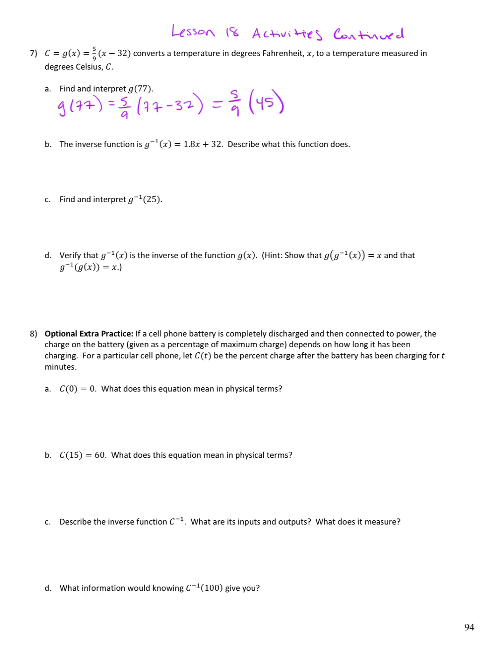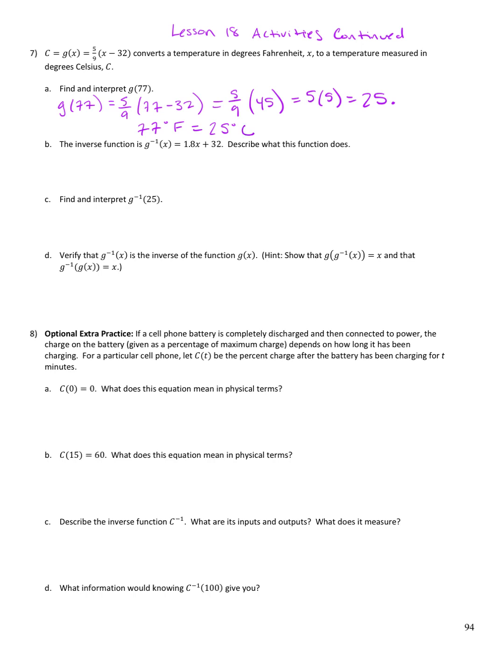And then 5/9 times 45 is 45 over 9, which is 5. So this is 5 times 5, which is 25. Okay, so to interpret, I would say 77 degrees Fahrenheit is equal to 25 degrees Celsius.